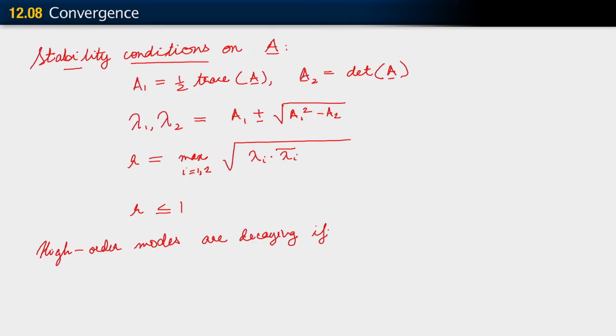If our eigenvalues become purely real, right? Sorry, it's the other way around. Higher order modes are non-decaying if lambda 1 and lambda 2 are purely real.